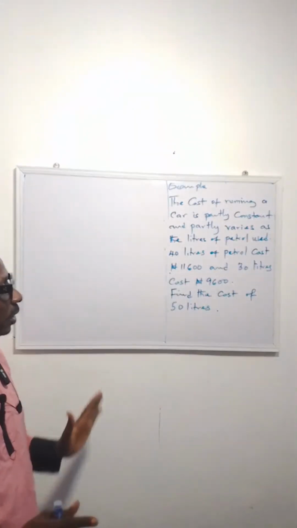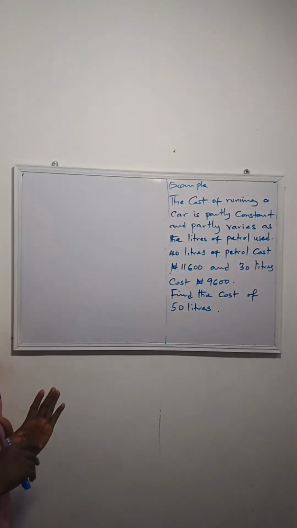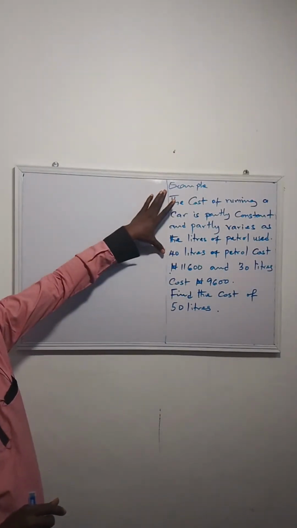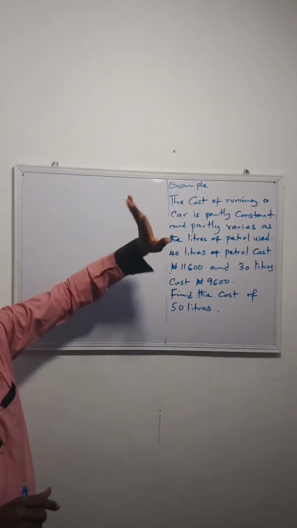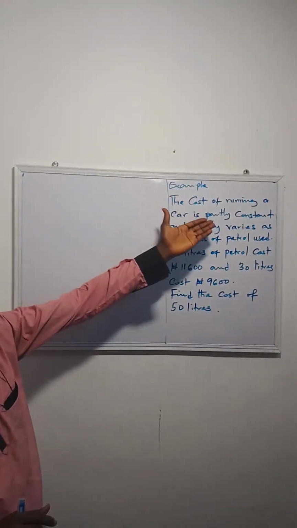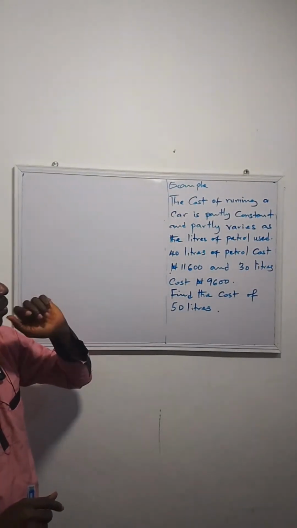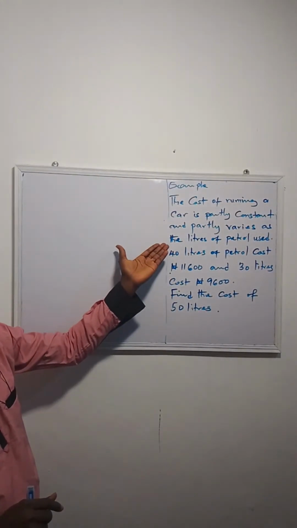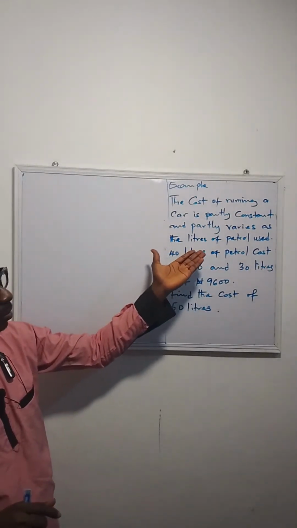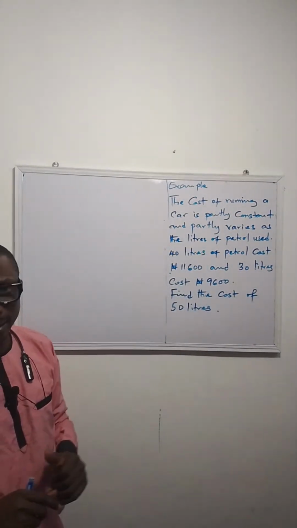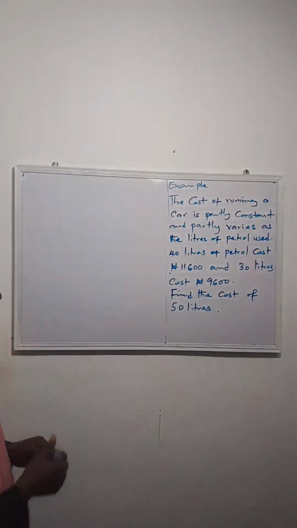Okay, so now the first thing is to find a way of representing this mathematically. So we have to represent cost of running a car with an alphabet and the liters of petrol used by an alphabet. So that's the first thing we start with.